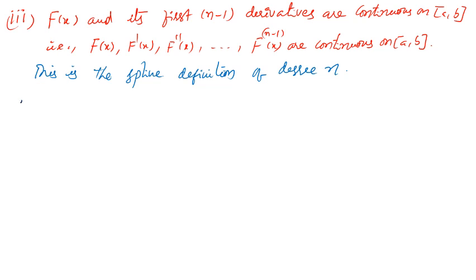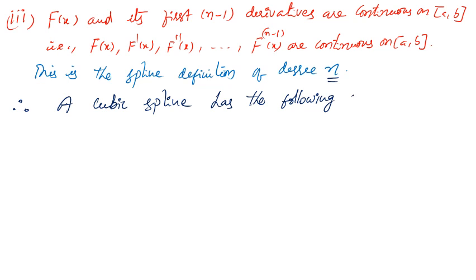Therefore, a cubic spline. Now, a cubic spline means third degree. Now, what is the n value? 3 here. A cubic spline has the following properties.